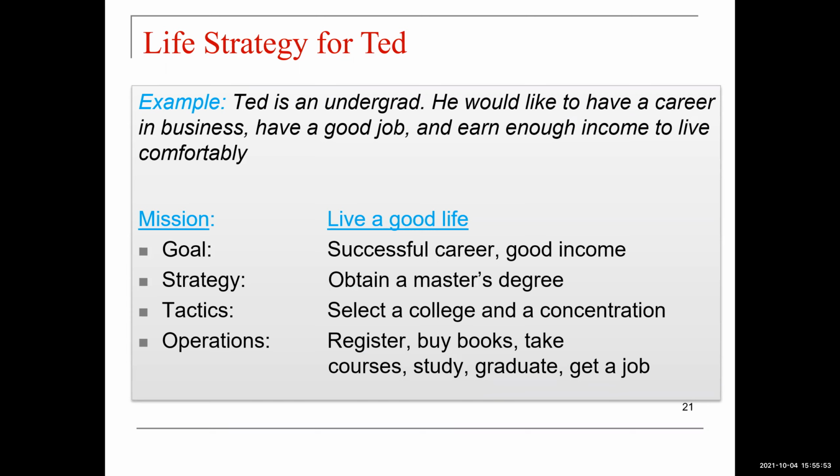The goal will be a successful career with good income. The strategy may be obtaining a master's degree. Tactics: select a college and a concentration. And the operations will be to register, buy books, take courses, study, graduate, and get the job. And this is just one strategy, right? From the point of view of this student.